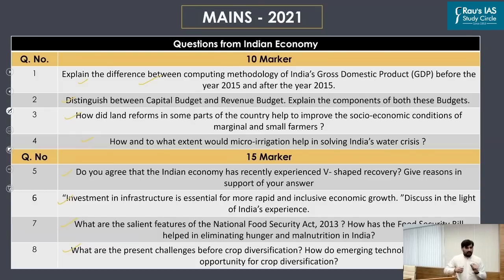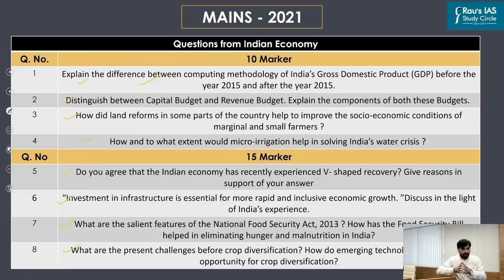For example, UPSC would just mention the cropping pattern in India. It will not mention the micro dimensions of cropping pattern. Similarly, if UPSC is mentioning types of irrigation systems, it will just mention this irrigation system, but it will not mention the micro dimensions.